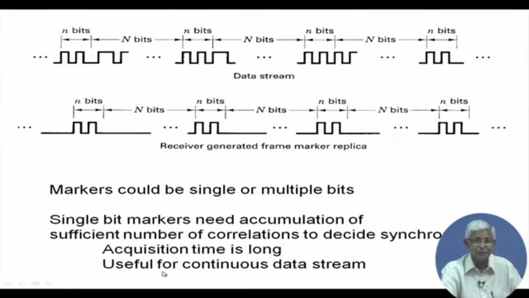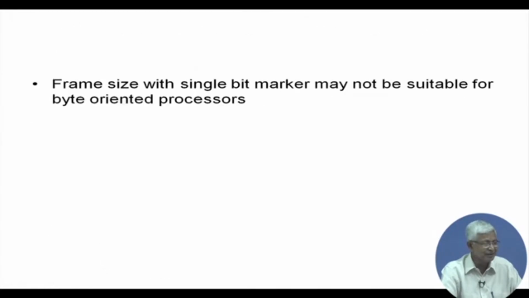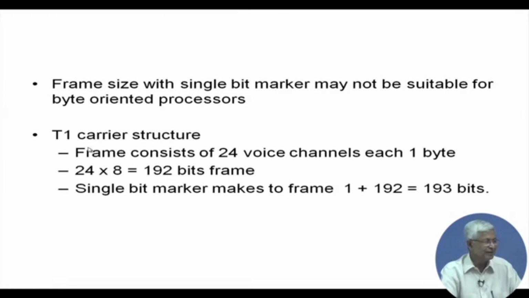There is one more problem. Because there is a single bit marker, the systems which use byte oriented processing face a problem. A simple example is the T1 carrier, a structure where a frame consists of 24 voice channels of a byte each. So, 24 into 8 is 192 bits in a frame.